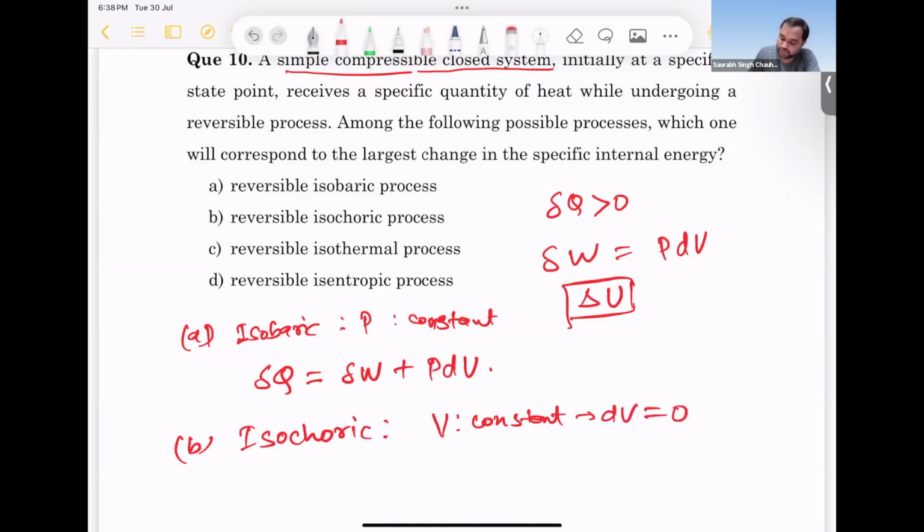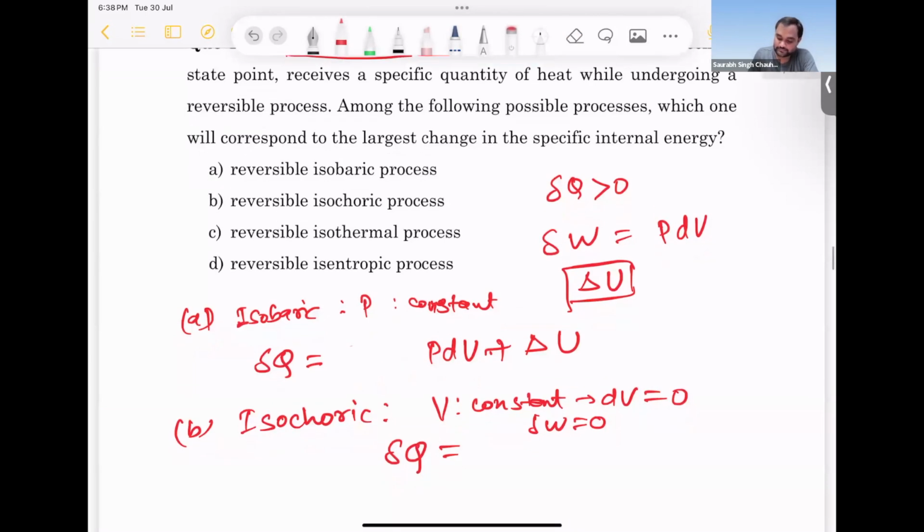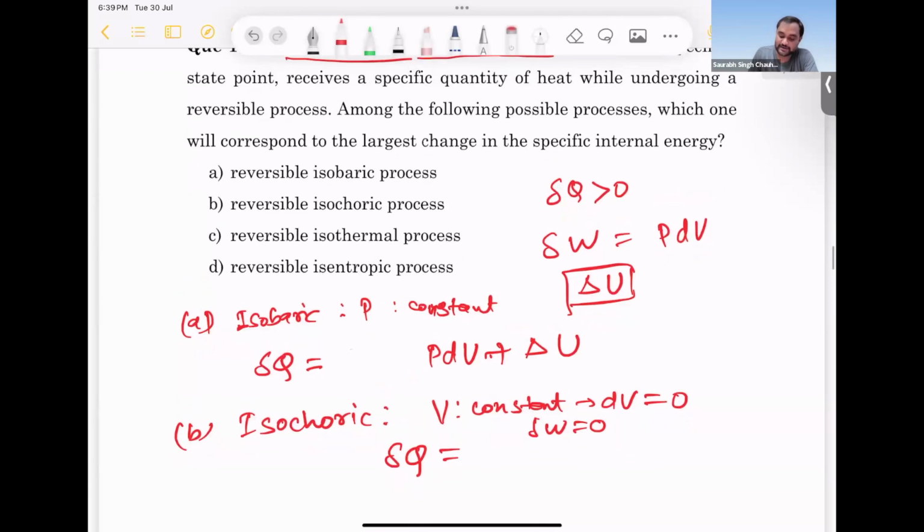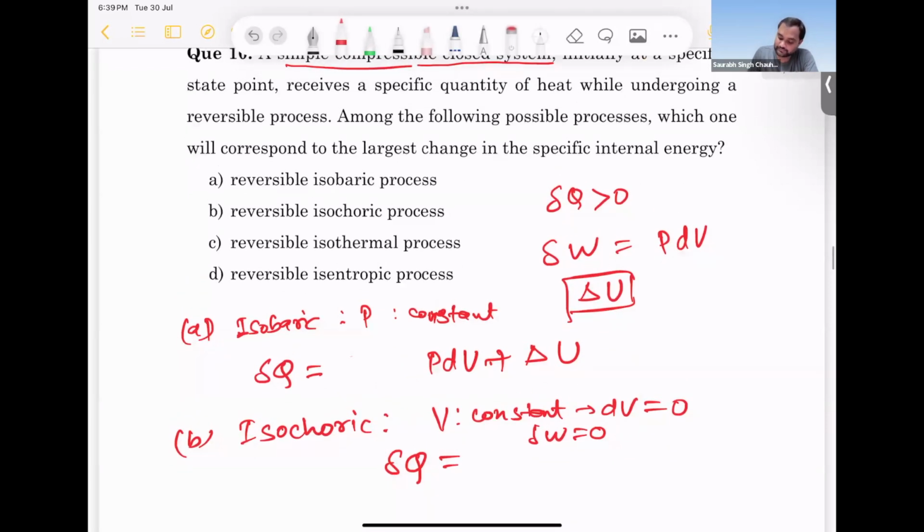So del W will be 0, and del Q will be equal to delta U. Isochoric process means volume is constant, so delta V is 0. That means del W is 0. So the whole heat that is transferred to the system will be utilized to increase the internal energy.